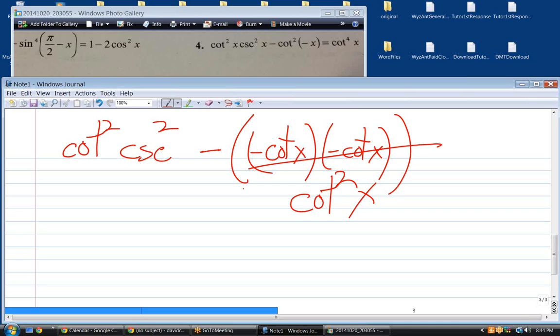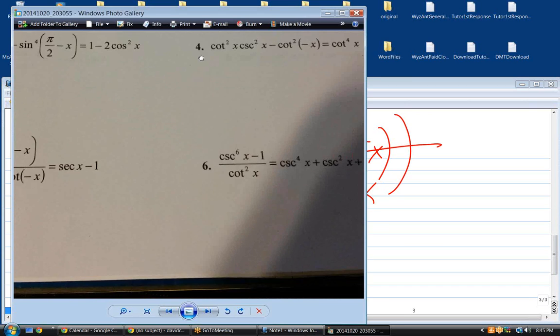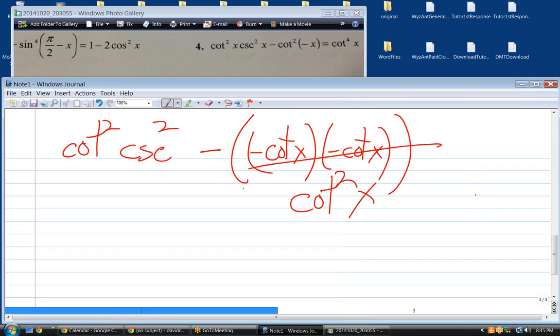Okay? Well, am I seeing that whole thing as a cotan fourth on the right side? Yeah. So this has to equal cotan to the fourth of x.